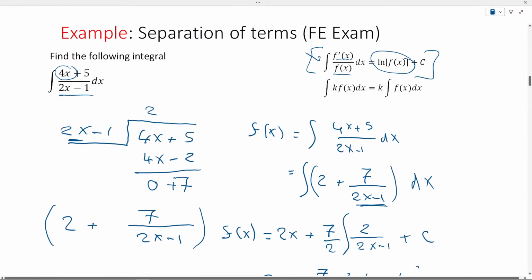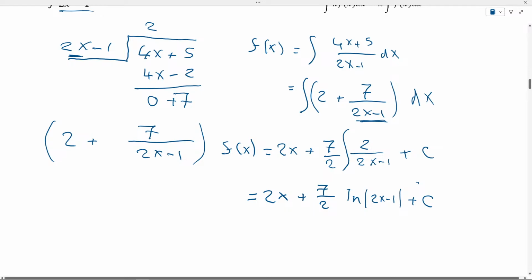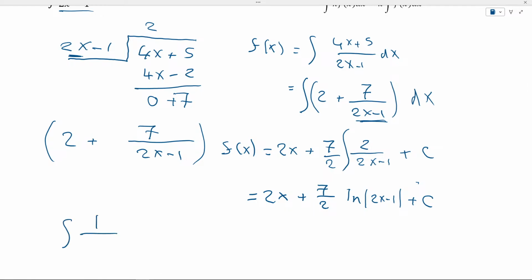But we can also just check our tables, because remember in our tables before I told you the integration of 1 over ax plus b is equal to 1 over a ln of ax plus b. We did this in the previous lesson. Do you remember? We did this before.